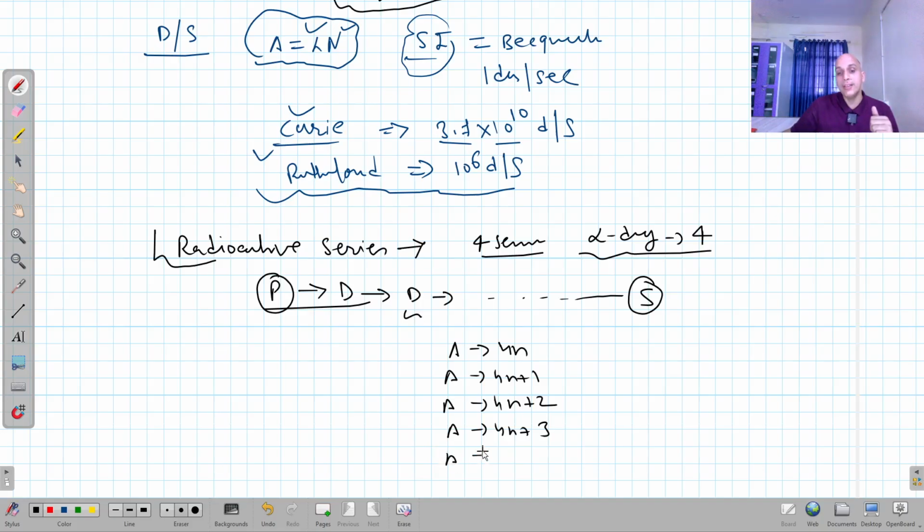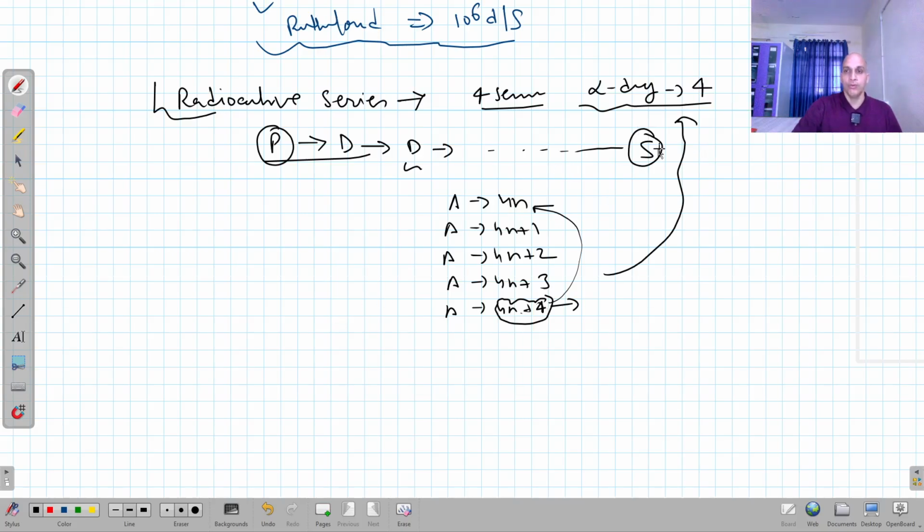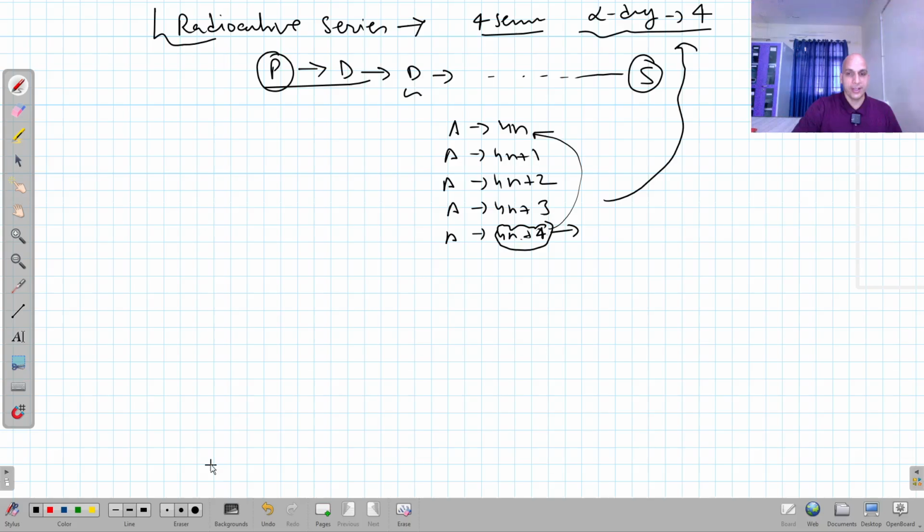Now if I want to go to A is equal to 4n plus 4, this can be achieved by alpha decay, I mean this nucleus can come back here. So it is the same thing. That's why we take only 4 radioactive series in nature, because alpha decay reduces the mass number by 4. So 4n mass number can be there, 4n plus 1, 4n plus 2 and 4n plus 3. If we go to 4n plus 4, again the same thing. So this is the answer to the question of why we have only 4 radioactive series in nature.